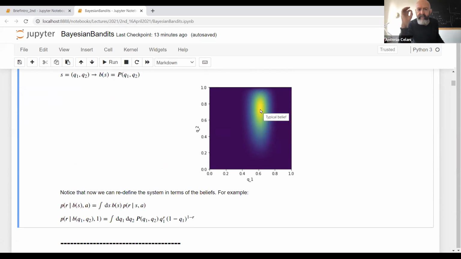And then I say, I fully trust that my state is the one where the maximum is reached, and therefore I act accordingly. In this case, the maximum is above the diagonal, which means that at that point Q2 is larger than Q1. And then according to that, I would play action 2. Now, this is provably suboptimal.